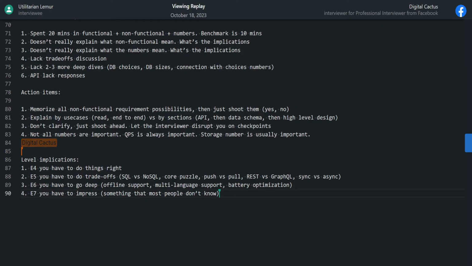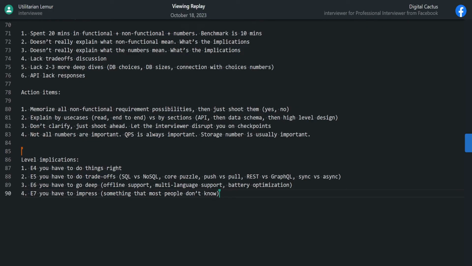For L5, you have to explain trade-offs: SQL versus NoSQL, CAP theorem, the one that you mentioned, push versus pull, REST versus GraphQL, sync versus asynchronous. These things need to be explicit. Why something needs to use SQL versus NoSQL? Why do you use push versus pull? A bunch of those.